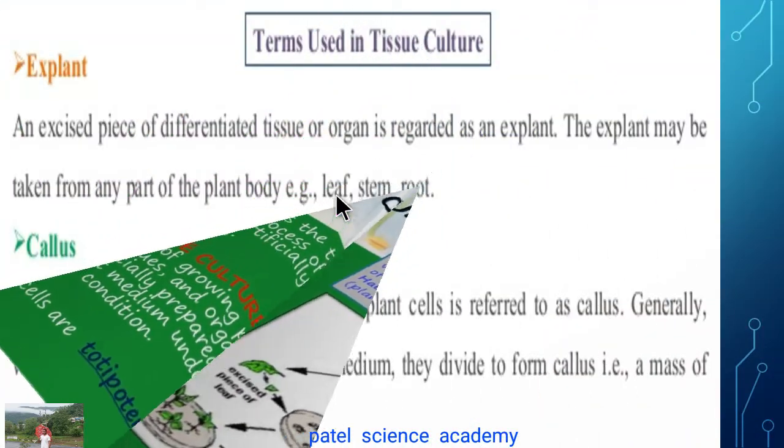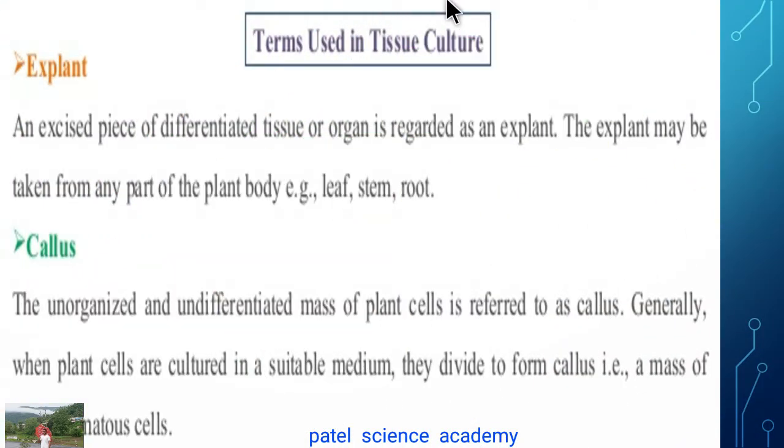So dear students, before we go in depth into this technique, I'd like to explain some terms which are very famous and very useful in this technique. The first term is the explant. Then we'll see about the callus. What is explant? Explant is an excised piece of differentiated tissue or organ.